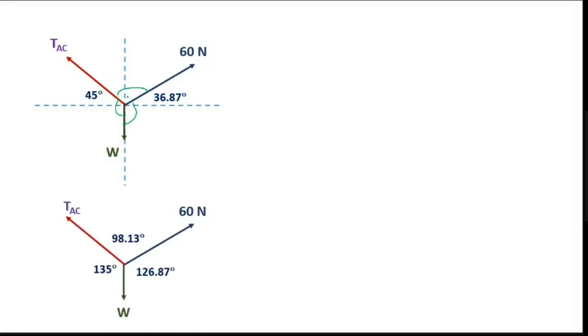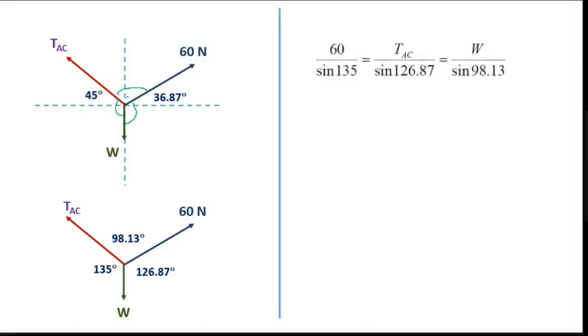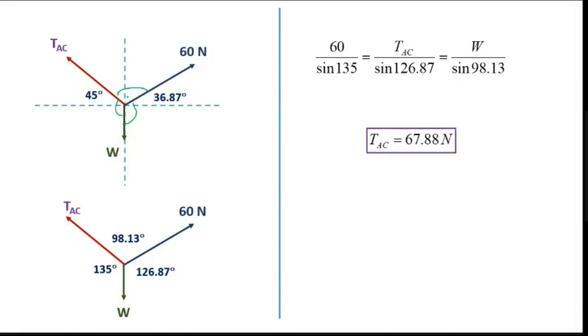So according to Lami's theorem, we have to identify the angles of all these terms. In that case, you will get something like this, right? Now I can equate it. So 60 by sine 135 is equal to TAC by sine 126.87 is equal to W by sine 98.13, right? So equating all these, you will get TAC.